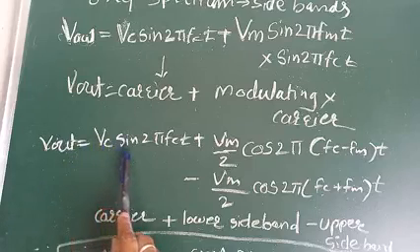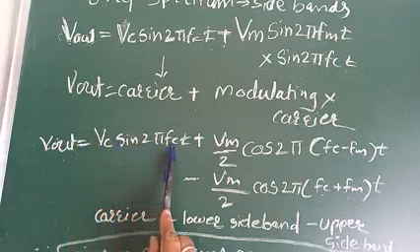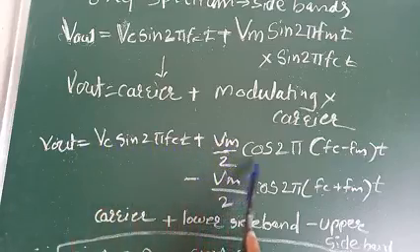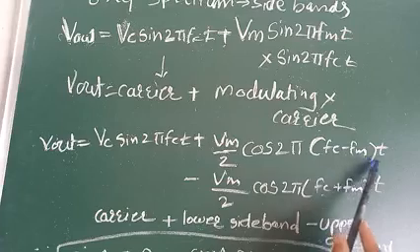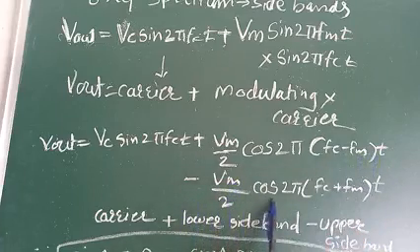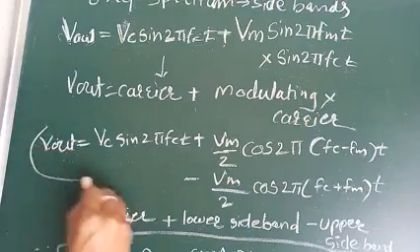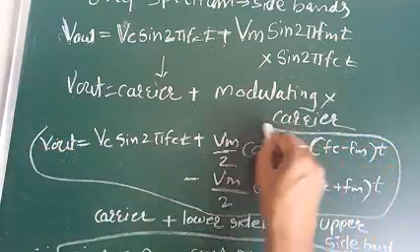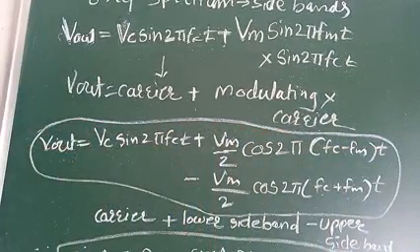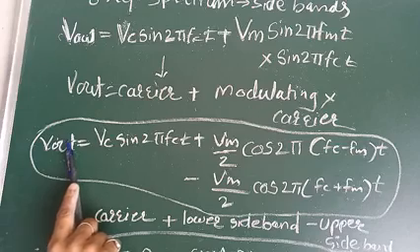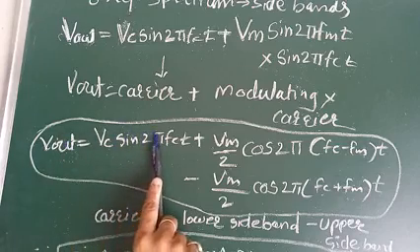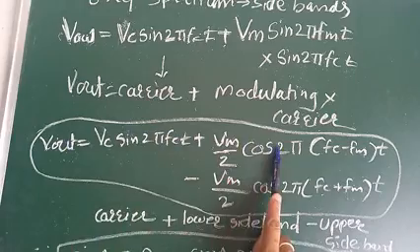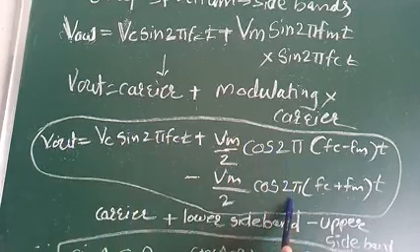Our final equation is V out is equal to Vc sine 2 pi fct plus Vm by 2 cos of 2 pi (fc minus fm)t minus Vm by 2 cos of 2 pi (fc plus fm)t. This is our final amplitude modulated wave equation. This equation V out consists of three terms: the carrier, and the other two.